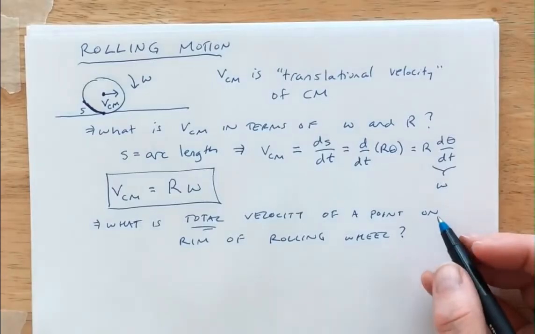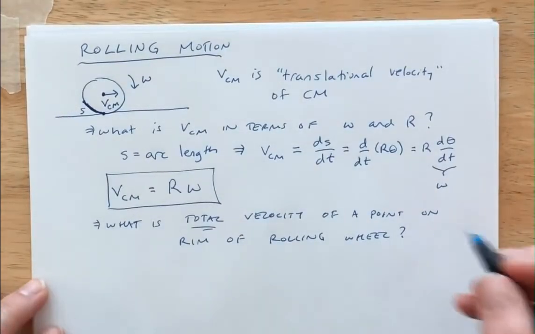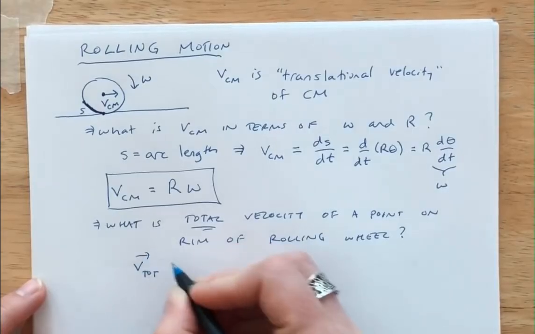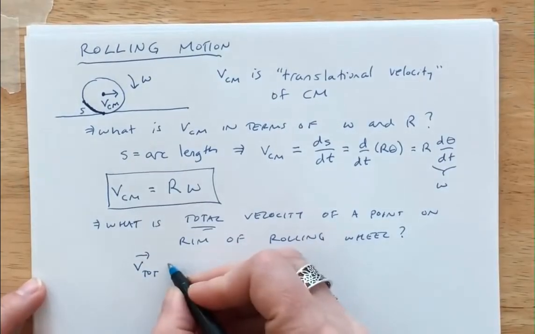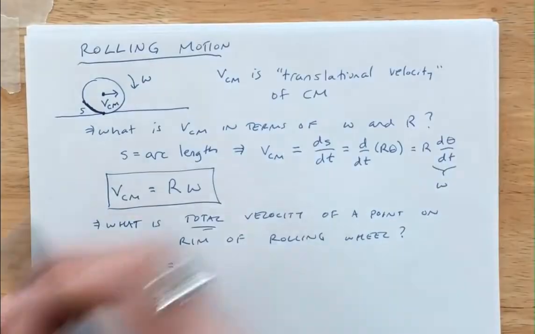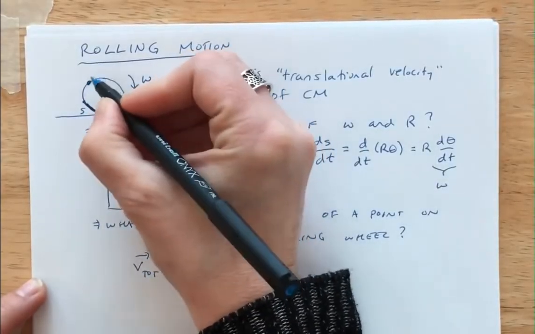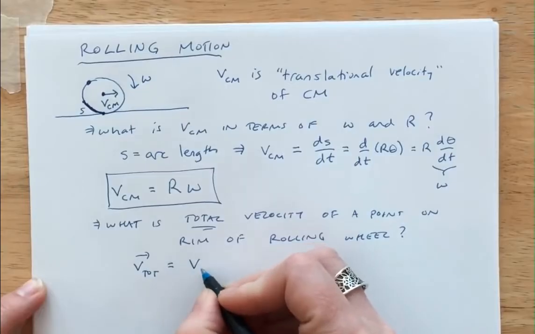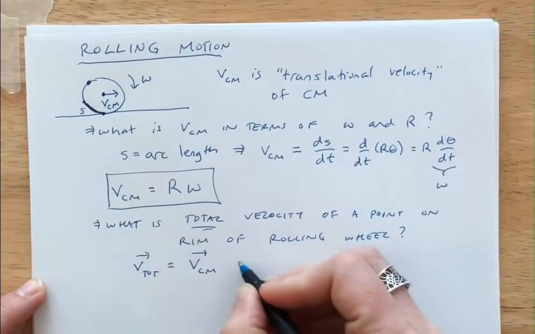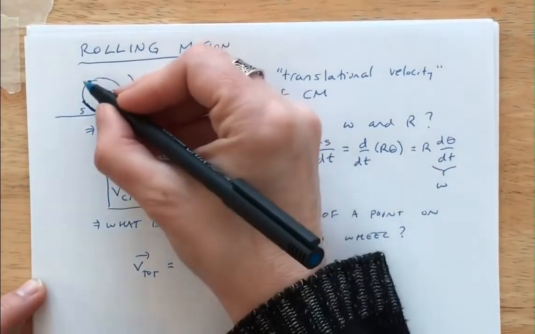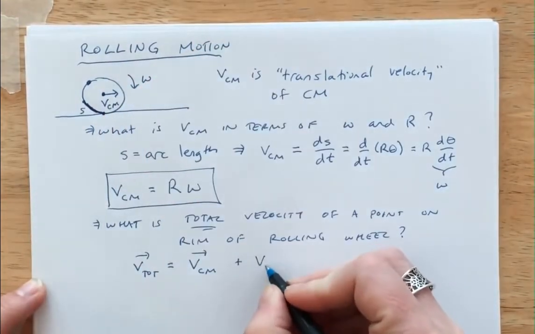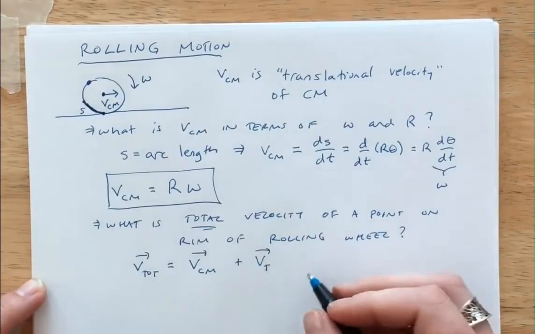In this case, we have to look at our vectors. So we want to say that our total velocity for a point on the rim of the wheel, say if we look up here, some point P, is going to have the translational velocity of the center of mass, plus its tangential velocity at that particular point on the wheel, v sub t.